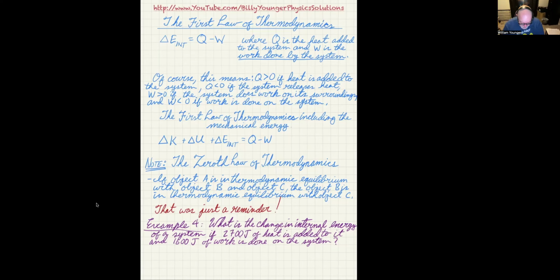So hopefully that's it. I did want to remind you, as I told you earlier, the zeroth law of thermodynamics. It basically says if object A is in thermodynamic equilibrium with object B and object C, that means A is in thermal equilibrium with both B and C. Then object B is in thermodynamic equilibrium with object C. So since B and C are both in equilibrium with A, B and C must be in equilibrium with each other.